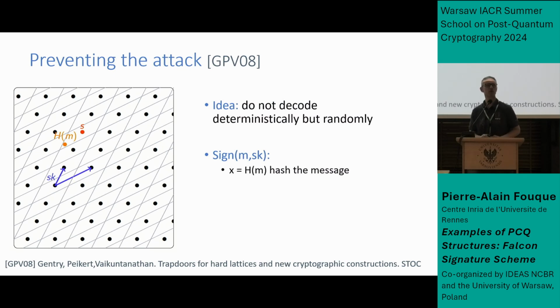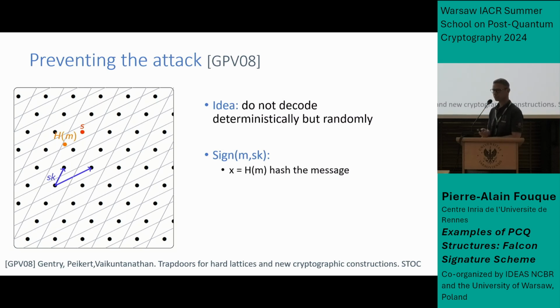However, we can in fact prevent this attack, and this was proposed by Gentry, Peikert, and Vaikuntanathan at STOC 2008, in a very beautiful paper. The idea now is not to decode every random point deterministically using the closest one, but to decode it randomly.